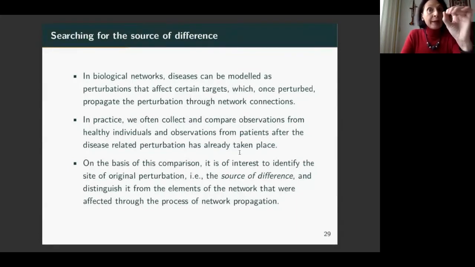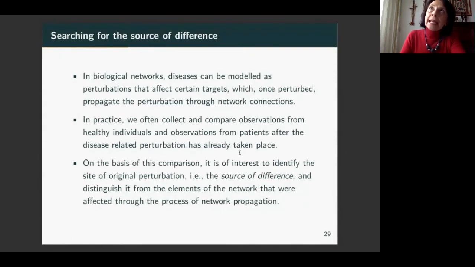Now here what happens is that if you marginally compare the individual variables, the gene expression, or even if you marginally compare subsets of variables, you will find them to be dysregulated. And this is correct because they probably indeed are dysregulated, but these dysregulations are probably secondary dysregulations following the initial shock that caused a disturbance to the initially targeted genes.